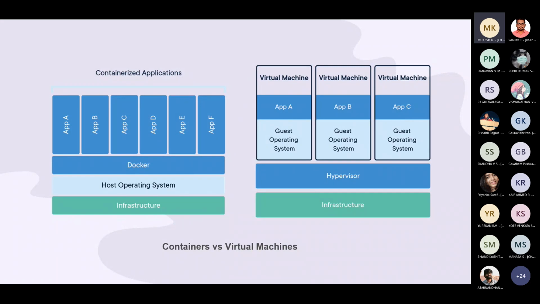Each application runs on a different guest operating system, and these guest operating systems have separate kernel and memory resources allocated to them, so it is resource intensive. One key difference is that virtual machines virtualize the entire machine down to the hardware layer, but a container only virtualizes up to the software layer just above the OS level. So this is the key difference between a container and a virtual machine.